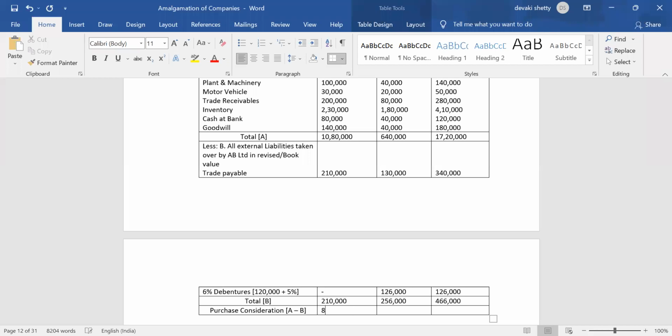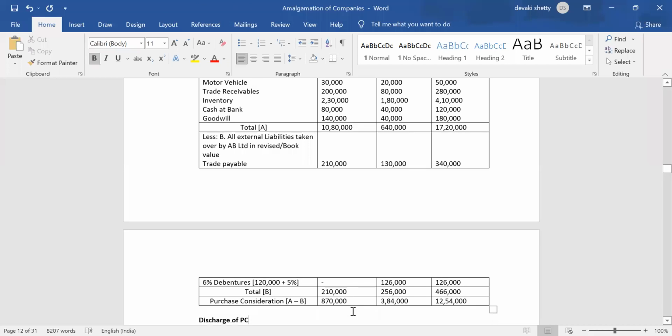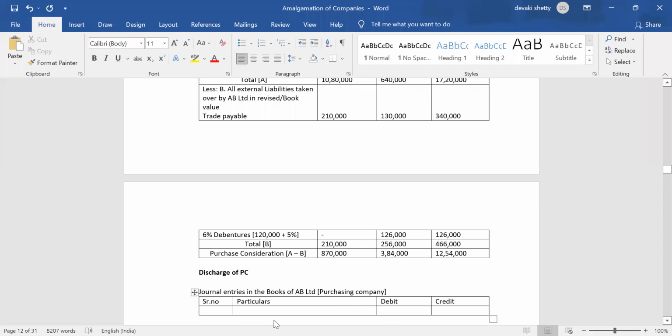We will get here 8,70,000. Yes, 6,40,000 minus 2,56,000. We get 3,84,000. So if you add both, you will get 12,54,000. So PC is done.